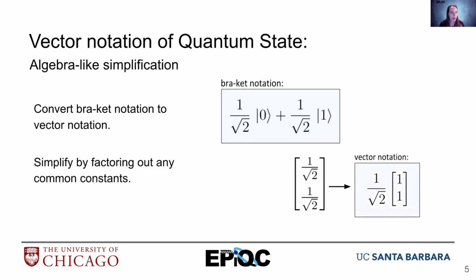What I didn't like about that simplification in bracket notation was that the 1 over root 2 disappeared entirely, and I don't like that. So in this case, we just pull out the 1 over root 2, which can make it a lot easier because the numbers get really small and drawing that root 2 sign gets really small. And so it can be much more legible to pull out the 1 over root 2 and then to have 1 and 1 inside.